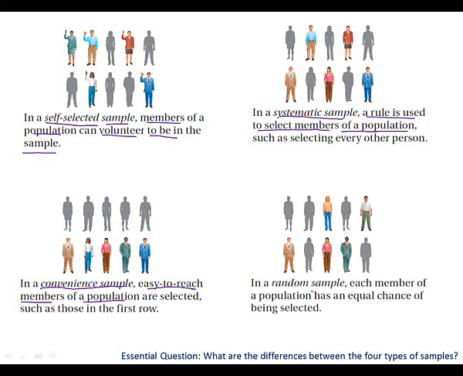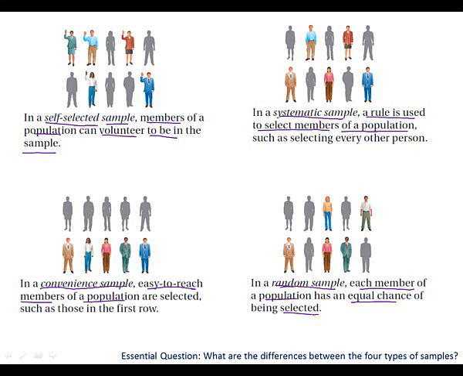Alright, the last sample type is called a random sample. And this is each member of a population has an equal chance of being selected. So each member has an equal chance of selection. So what we're going to do in the first few questions, in the first few examples, is we're going to identify what type of sample we are using.